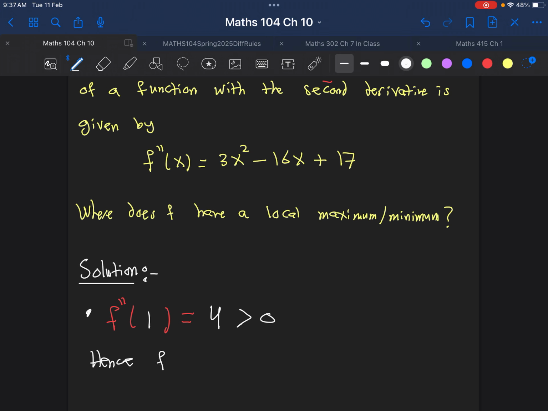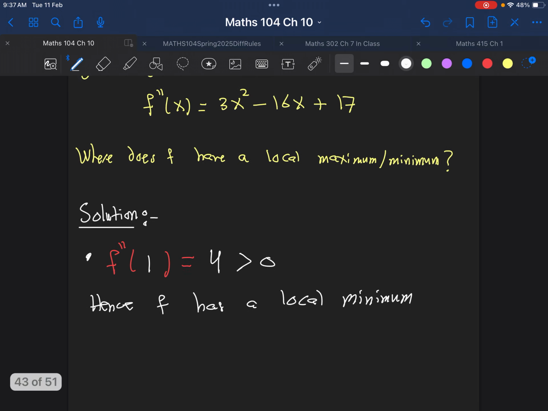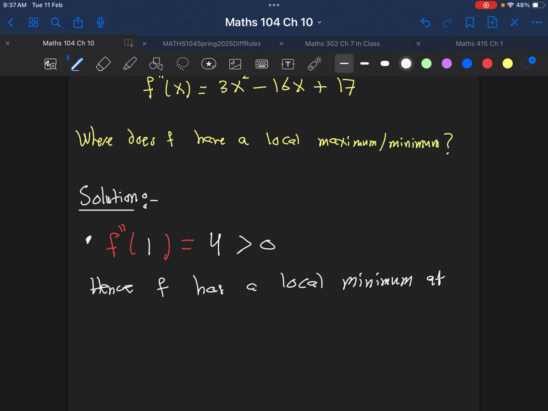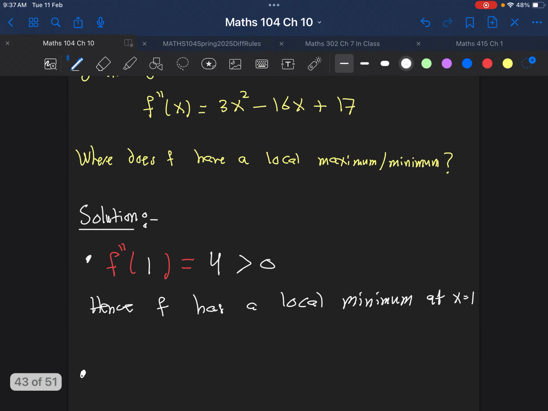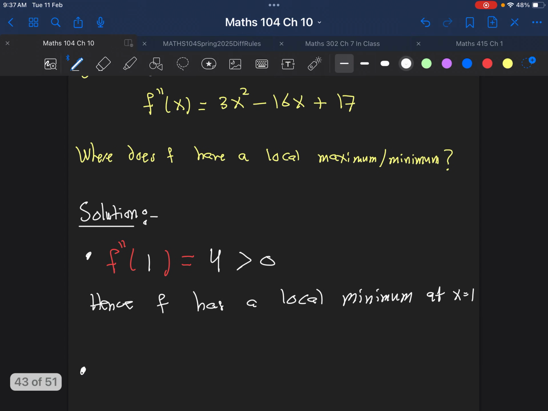Now 4 is positive, hence f has a local minimum. Why minimum? Because the second derivative is positive at x equal to 1. We cannot find the minimum value because I don't have f of x yet.